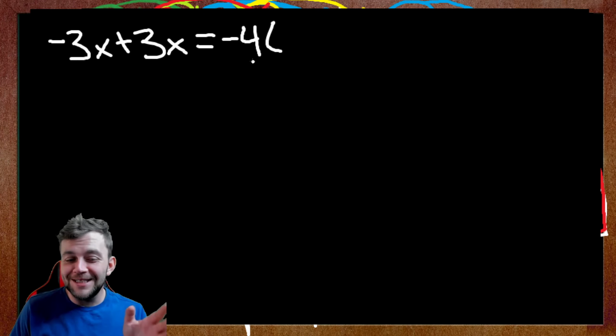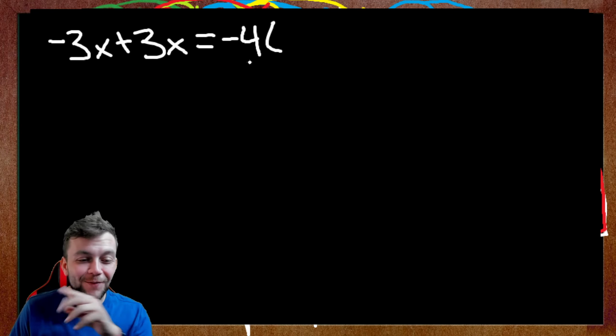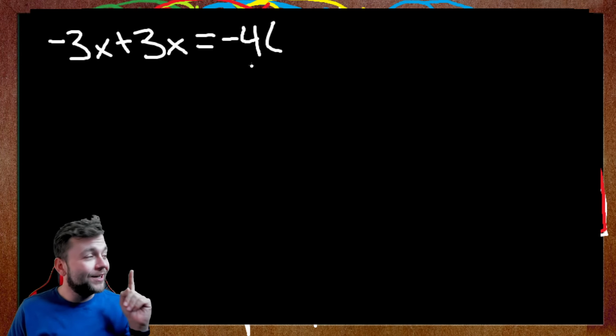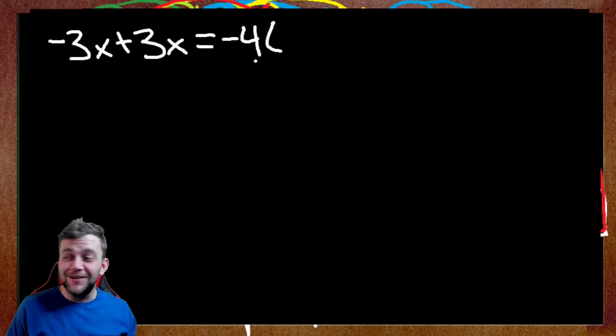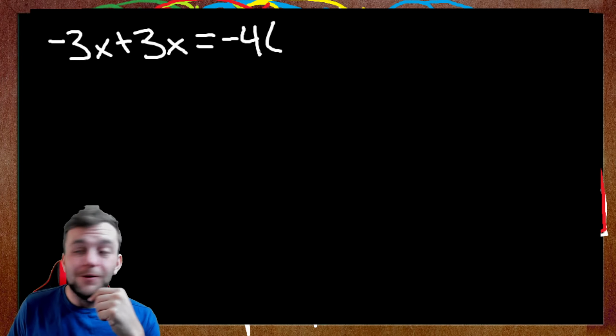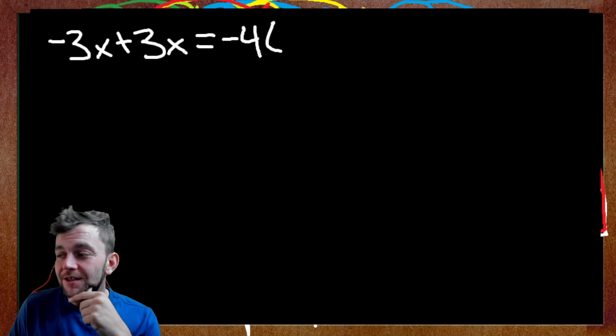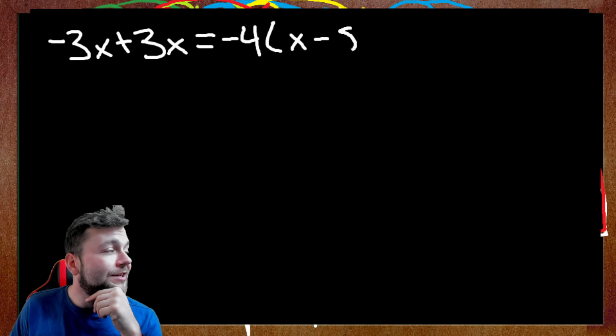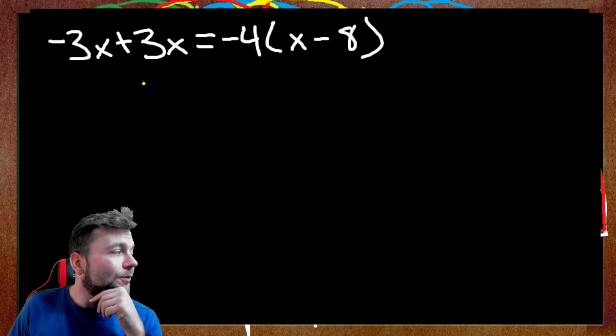I have them on opposite sides of the screen. I have a 3-monitor setup, so I have my example problems over here, and then what I'm looking at over here. So we have negative 4, and then x minus 8, in parentheses. Okay, let's rock and roll.